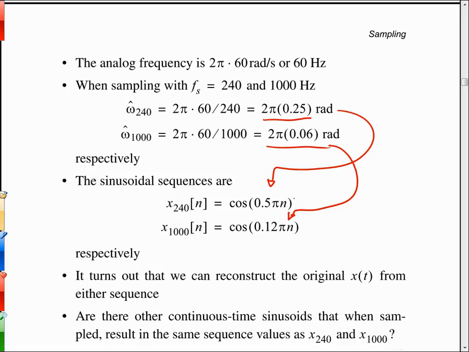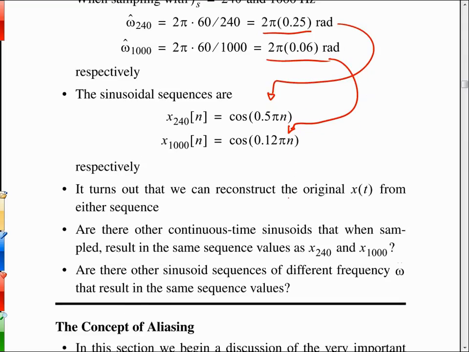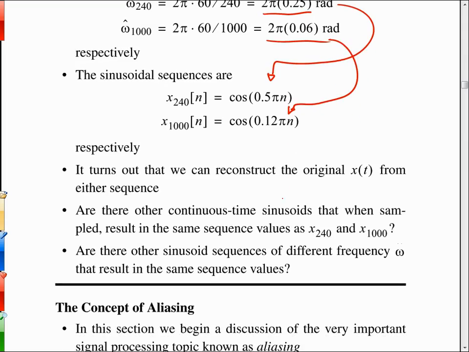And we'd say we now have a sinusoidal sequence, rather than a sinusoidal signal. Sequence because it's indexed on the integer independent variable n. And we'll get to the reconstruction later in this chapter, but we'll be able to perfectly reconstruct the original signal to within an epsilon, like I said, given those values.